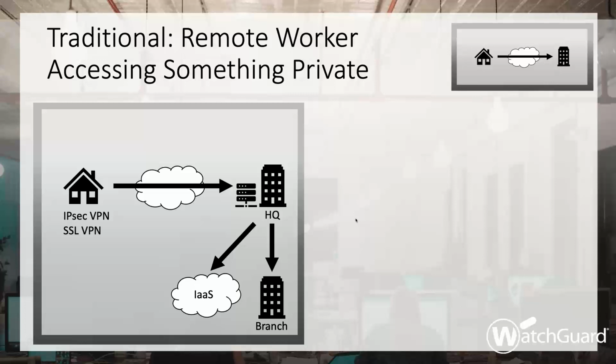So the third usage or deployment scenario that I want to talk about here is a remote worker accessing something on the private network. This was the number one use case that you guys identified. Again, when we look at a traditional deployment, it's IPsec or SSL VPN, maybe VPNing into the headquarters.